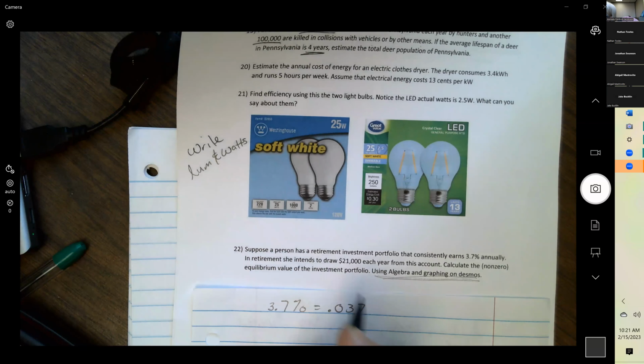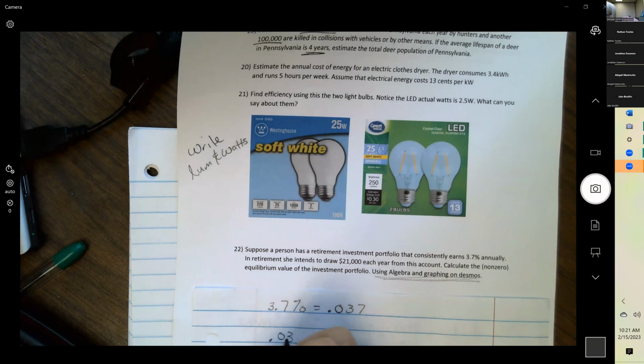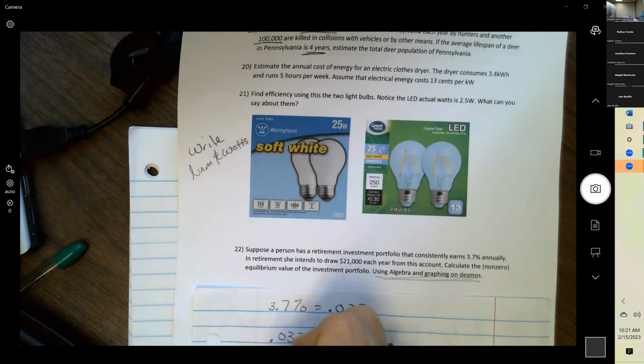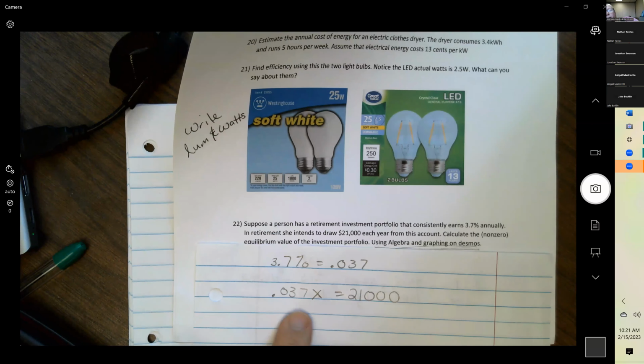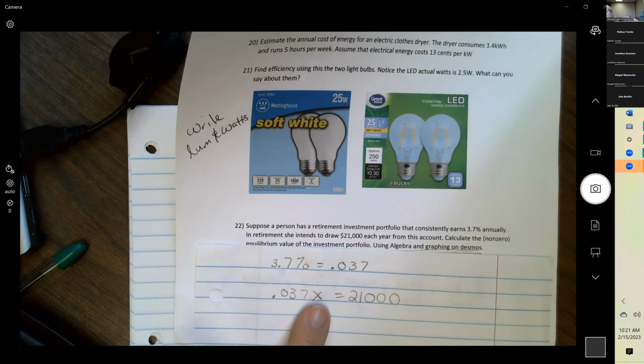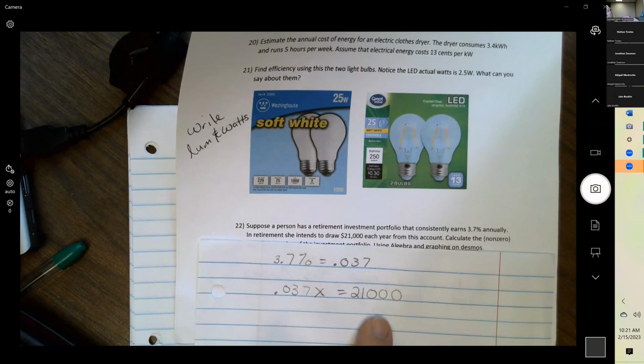So this amount of the total that's in there needs to equal what she wants to take out, because this is what you're making in interest. 3.7% of what's in there needs to equal what's being taken out to be at an equilibrium.